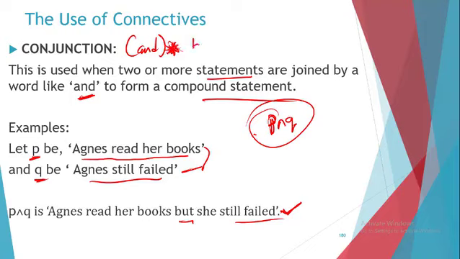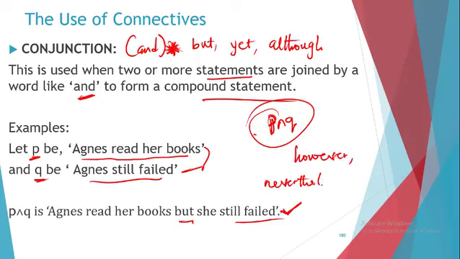We can use but, yet, although, however, nevertheless, as well as. All these imply conjunction in connectives, as far as logic is concerned.